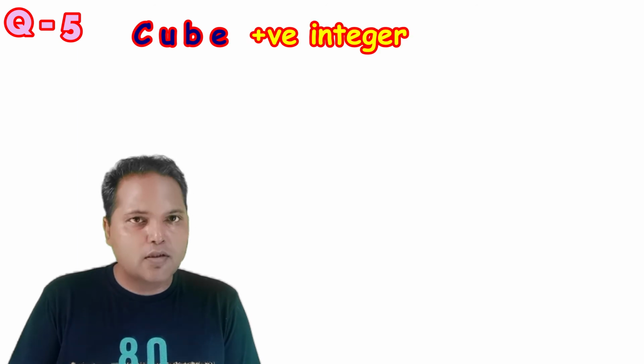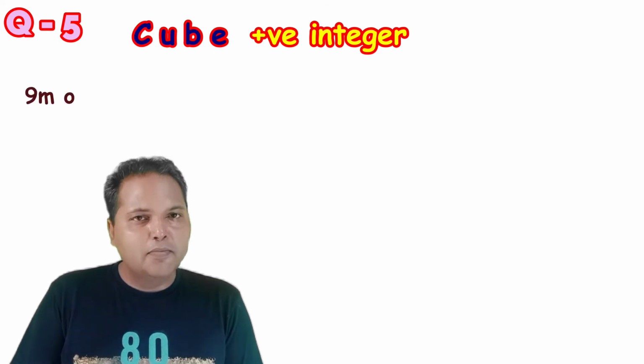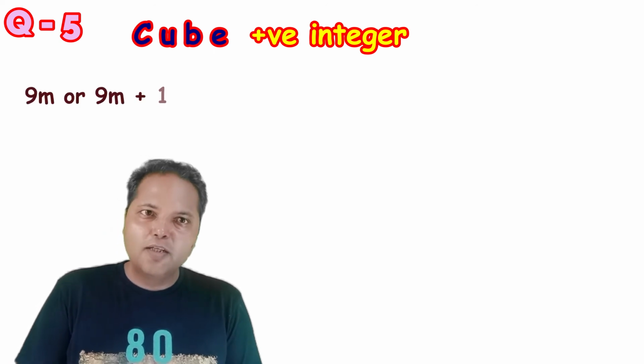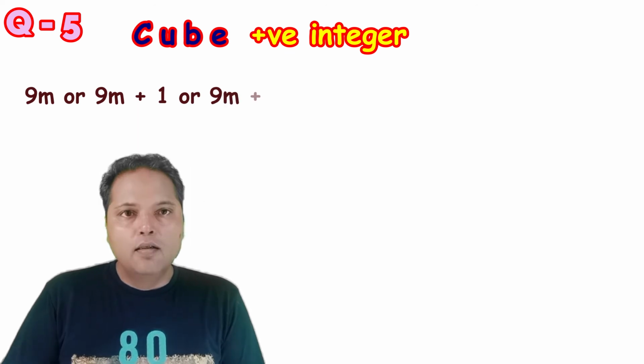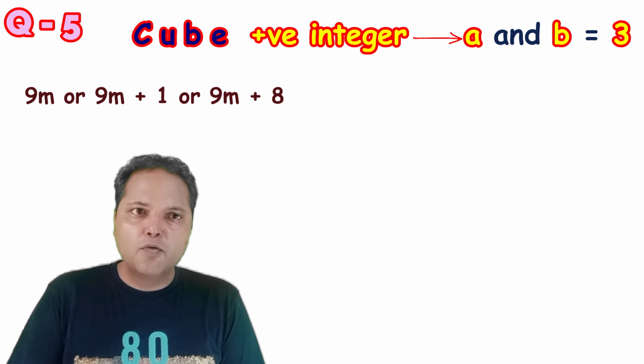Alright, so in question number 5, using Euclid's division algorithm, we need to prove that the cube of any positive integer is of the form 9m or 9m plus 1 or 9m plus 8. Alright, so let's consider a is some integer and b is equal to 3.